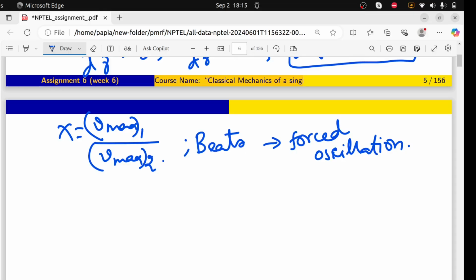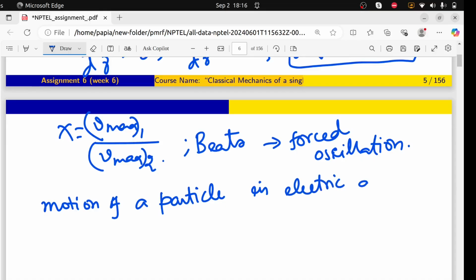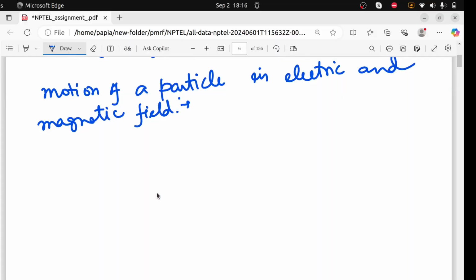Now the main thing coming after this is the motion of a particle in an electric and magnetic field. So he was talking about three conditions.